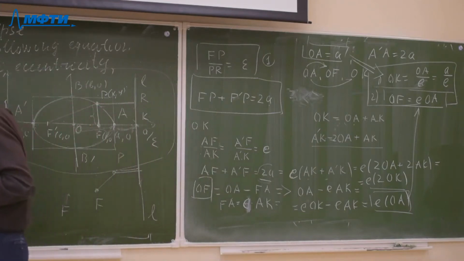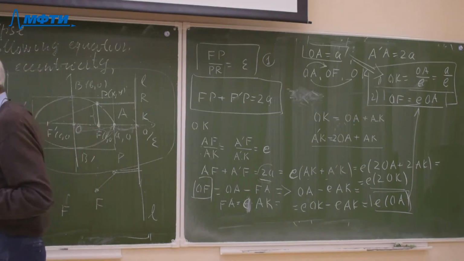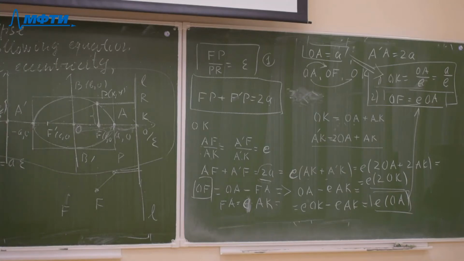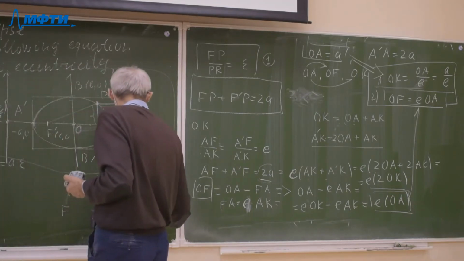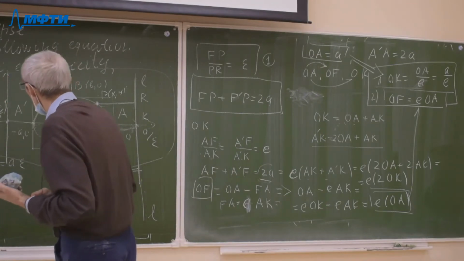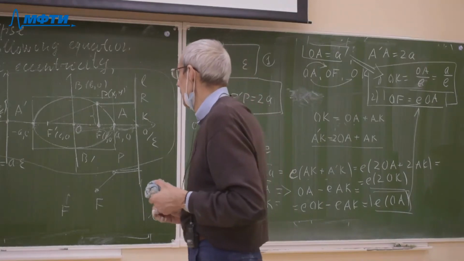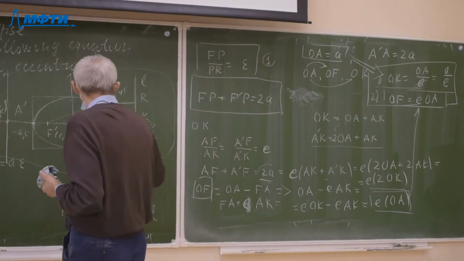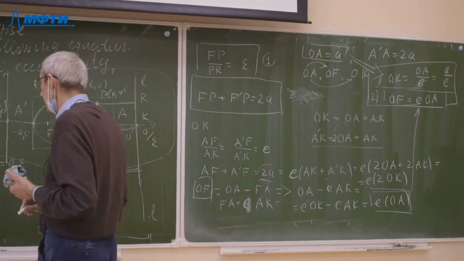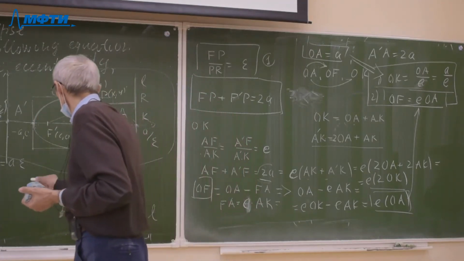And we use the following notation. The points F and F prime are called foci. Our fixed straight line L and the symmetric straight line L prime are called directrices, and the points A and A prime we will call vertices.